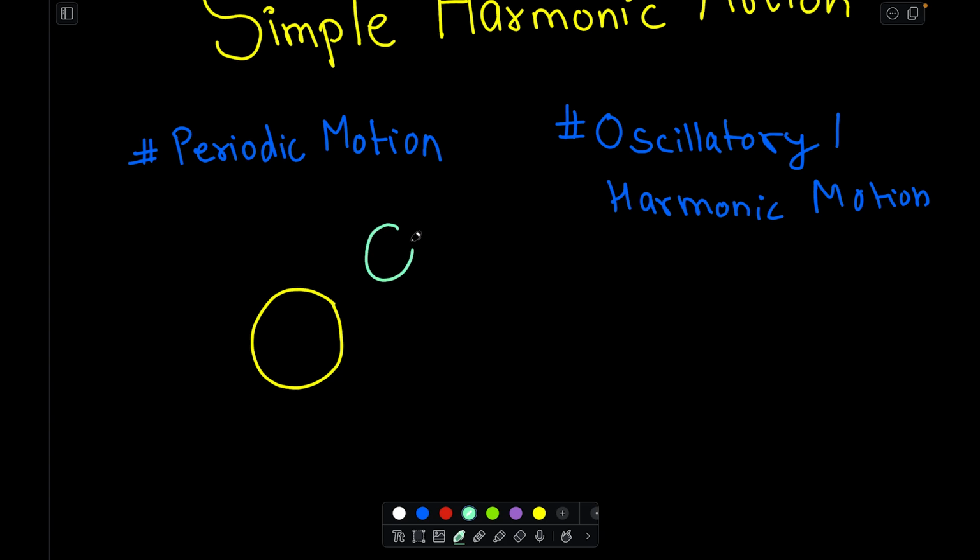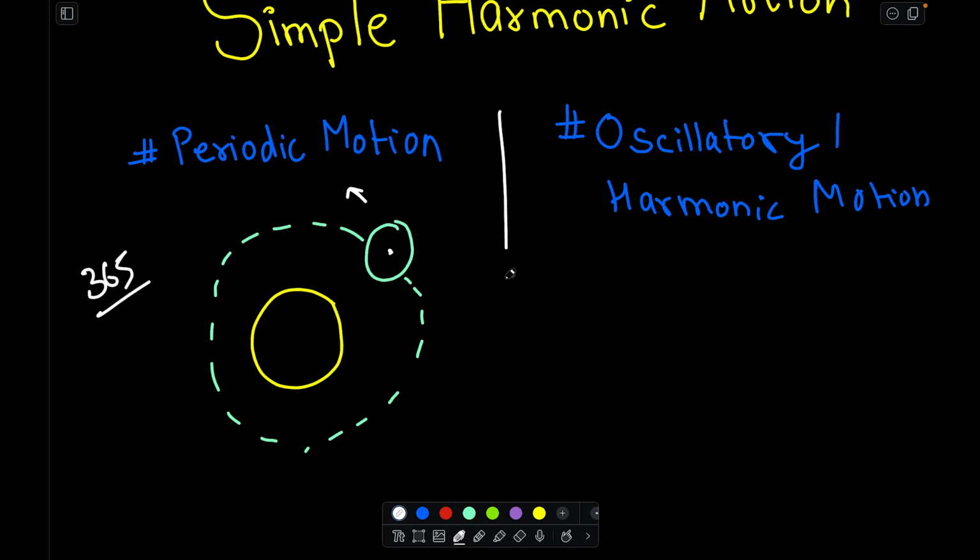Now as our earth moves around the sun like this, after 365 days it returns back to its original position, right? So this type of motion, in which a body returns back to its original position after a certain interval of time, is a periodic motion.